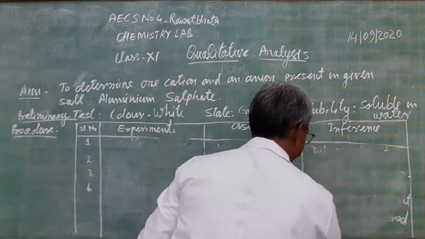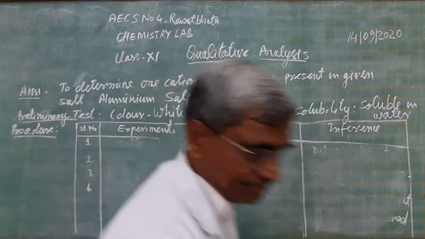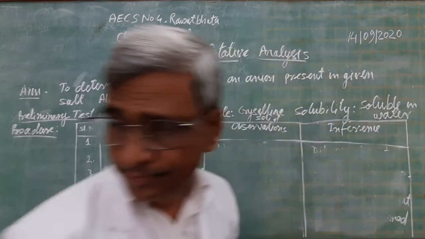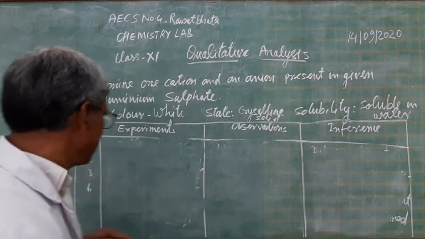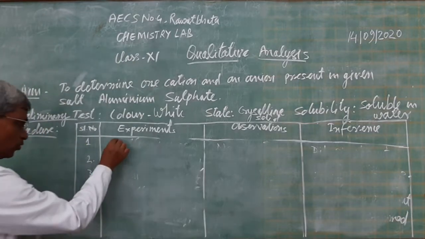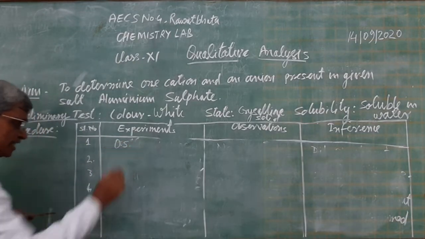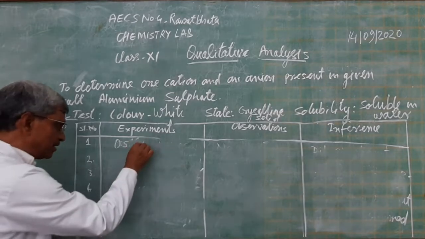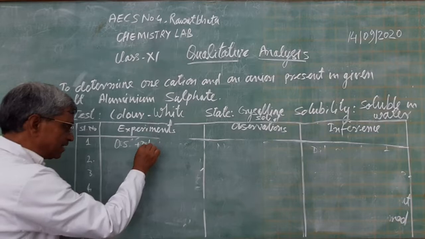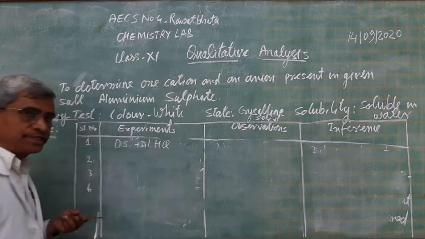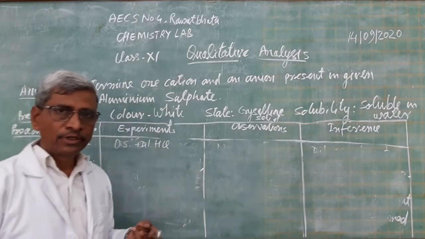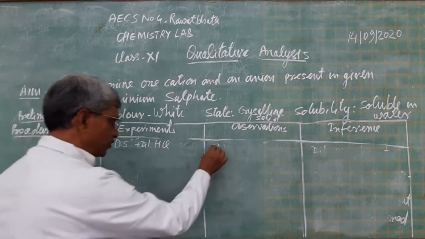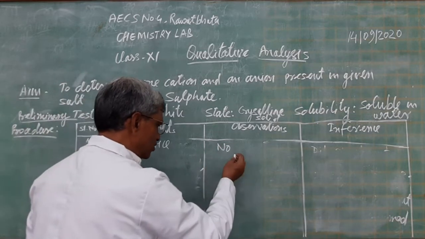What have I taken? For the salt we can write OS for original solution. Original solution plus dilute HCl, hydrochloric acid. Observation: no reaction. Reaction is not there.